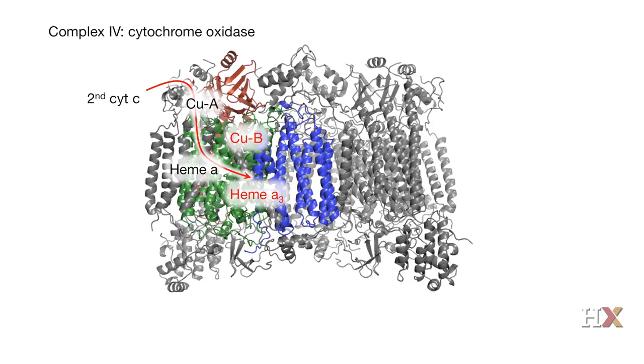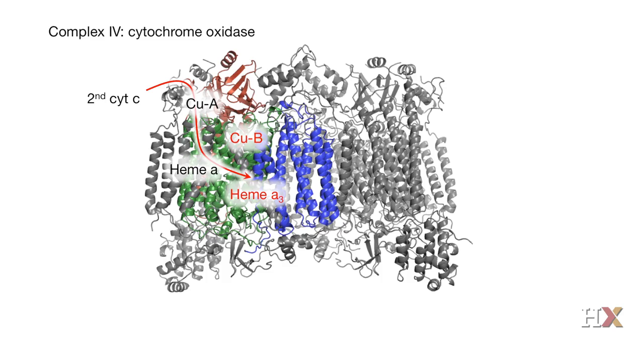So now the heme A3 will be reduced, and more specifically, the ferric ion, Fe3+, carried by the heme A3, will be reduced into a ferrous ion, Fe2+.